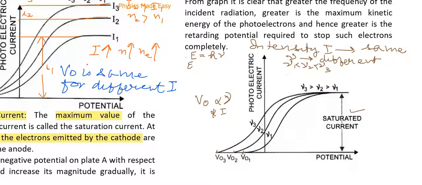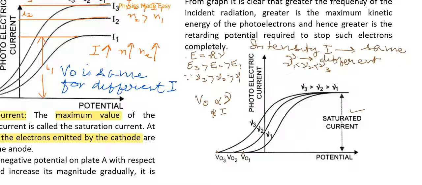In this case E3 is larger than E2, which is larger than E1. Why? Because nu3 is larger than nu2, which is larger than nu1. Due to this, E3 is larger than E2 is larger than E1. Larger the frequency, larger is the energy of the photon available.